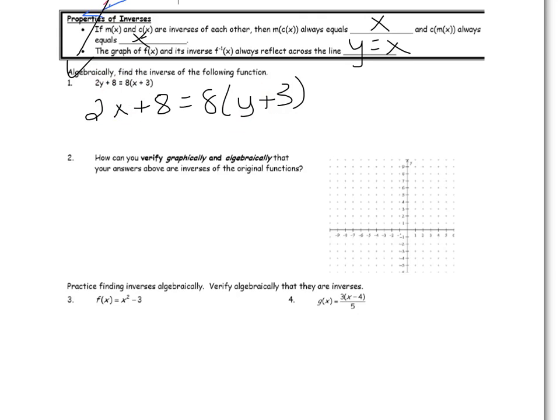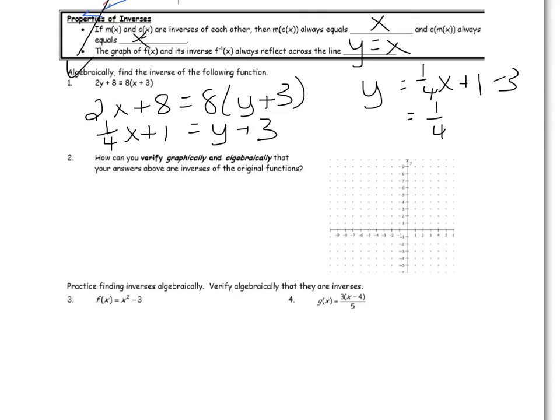What was the y here became the x. And now I'm going to solve for y. So I'm going to end up with 1/4 x plus 1 equals y plus 3, and then y equals this, which is my inverse. So that's the y value.